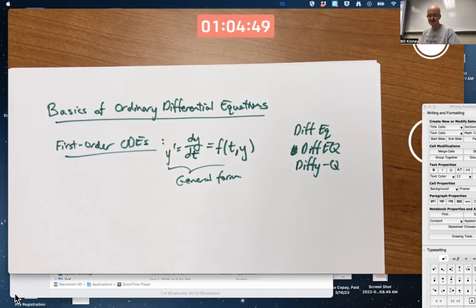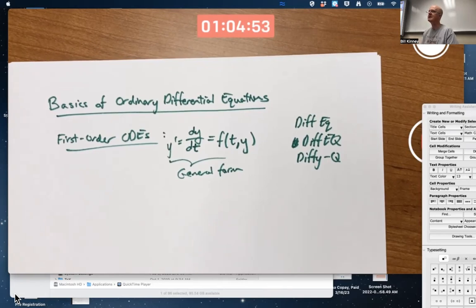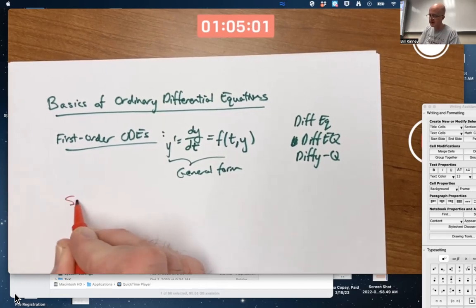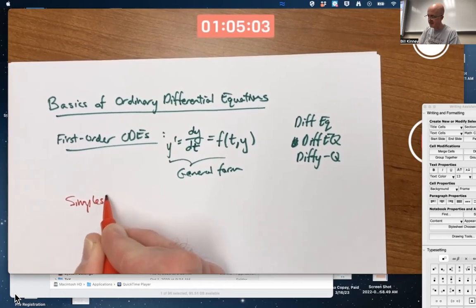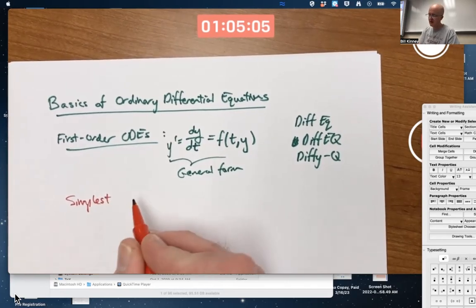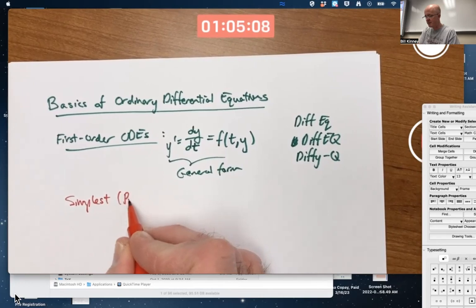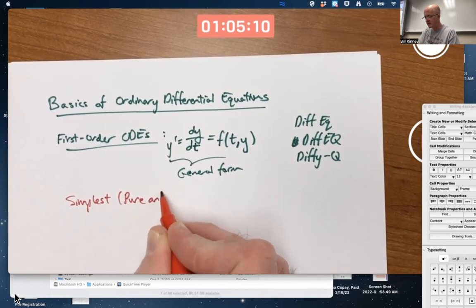The simplest kinds of differential equations are where the right-hand side, this f function, only depends on t, the independent variable for the unknown function we're trying to solve for. The simplest kind I call pure antiderivative problems.